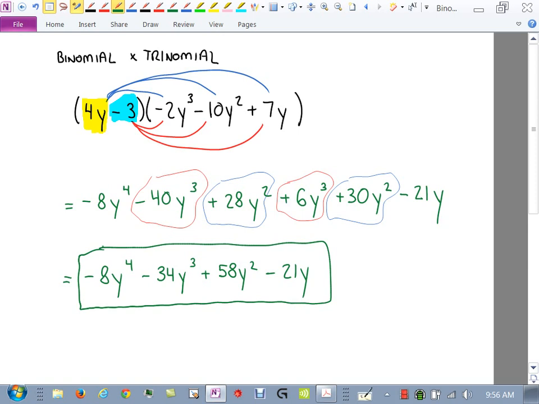You see how approaching this way is much more useful than FOIL would be, as my last example will again illustrate? All right? Here we go. Now I'm going to try trinomial times trinomial.